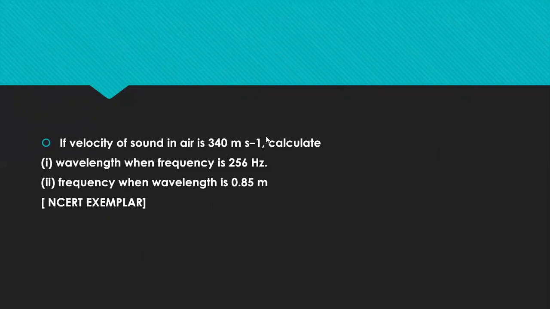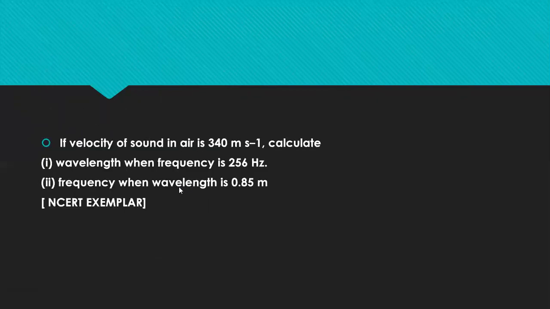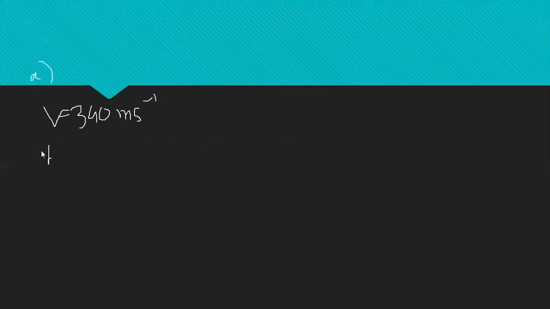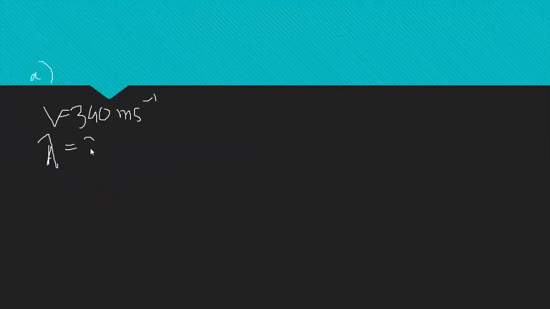And the last question for today is, if velocity of sound in air is 340 meter per second, we have to calculate the wavelength in first part and frequency in the second part. Values are given. So what we are given is velocity v equal to 340 meter per second. We are solving first the a part. Oh sorry, we have to calculate wavelength if frequency is given 256.